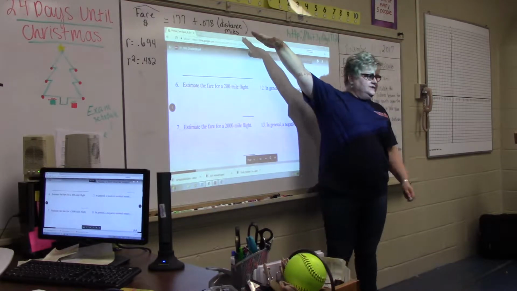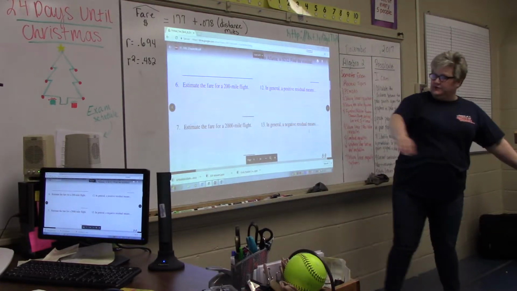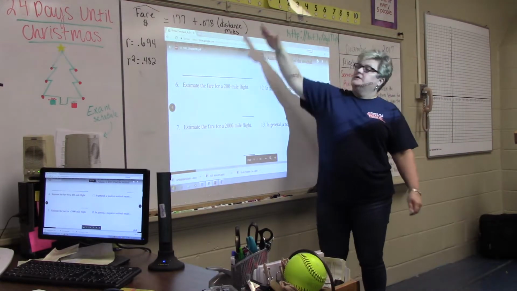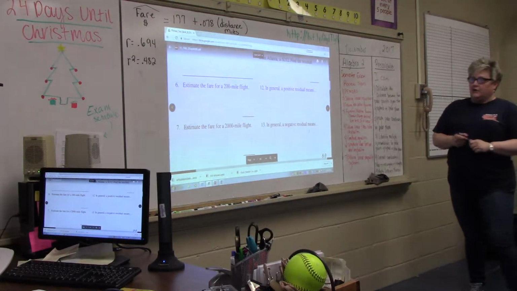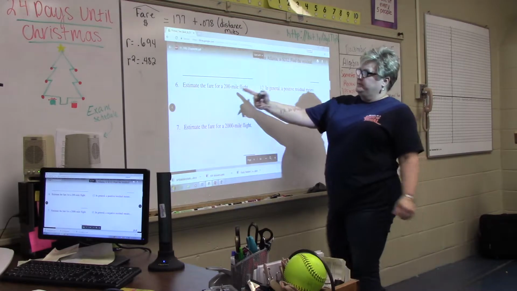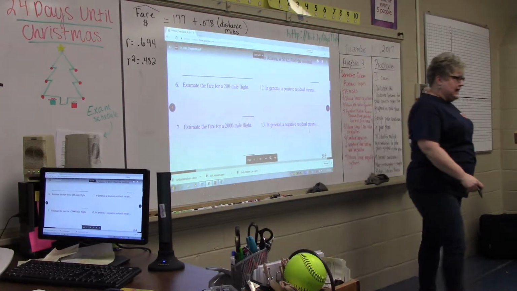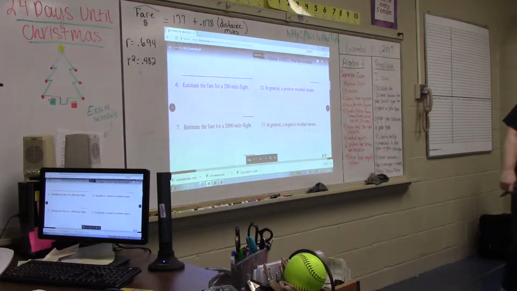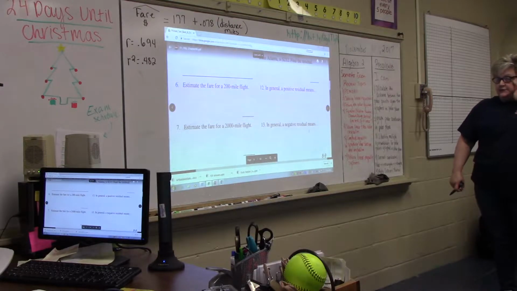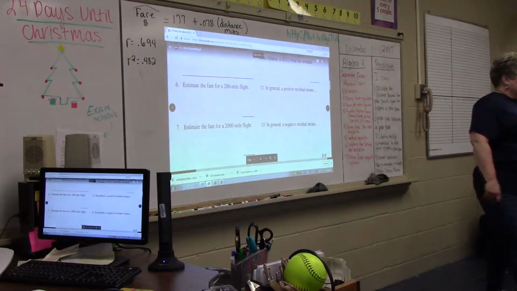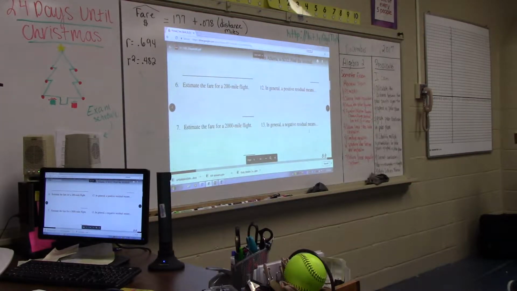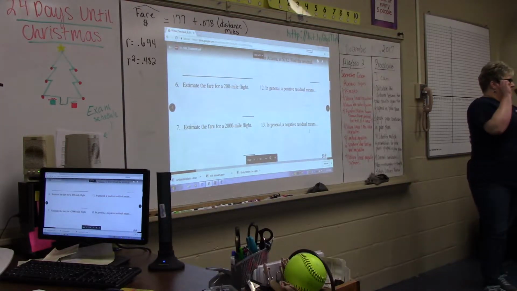You're going to plug in the 200 and you're going to plug in the 2,000. Figure out what the cost is going to be for a 200-mile flight and for a 2,000-mile flight, because it's going to ask you to do something with these numbers in just a minute.